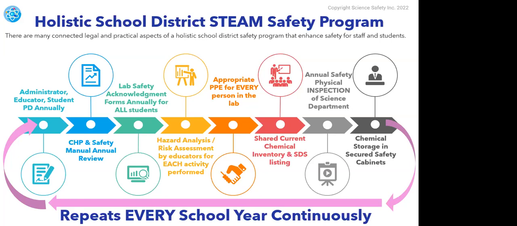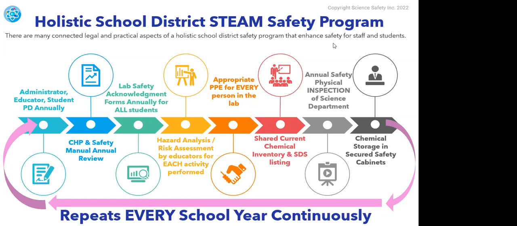You need to have an abundance of PPE and proper approved certified PPE for all occupants in those labs. You need to have a shared current chemical inventory and associated safety data sheet listing. There also needs to be an annual safety inspection. That means physically going through those departments, your rooms, the chemical storeroom, prep areas, laboratories, and you need to make sure that your chemicals are stored in secured safety cabinets as well.